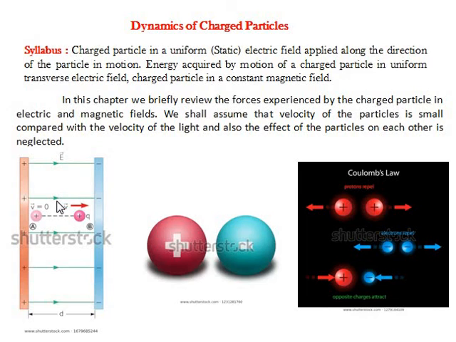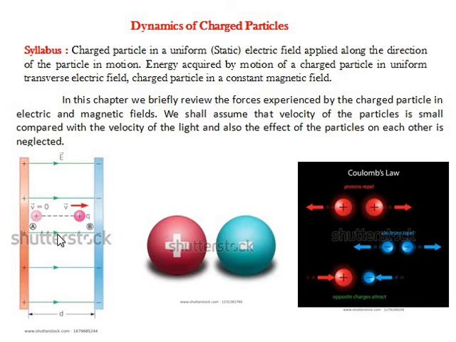It is shown by a green colored line and is represented by electric field E with an arrow over its head. If a positive charge is placed in an electric field close to the positively charged plate, the plate exerts a repulsive force on this positive charge. Hence this positive charge moves towards the negatively charged plate.